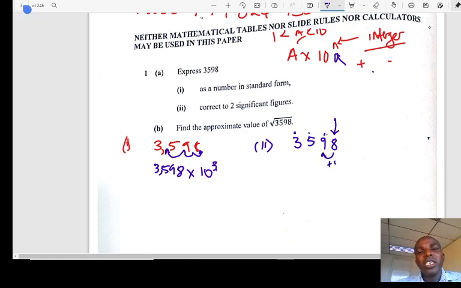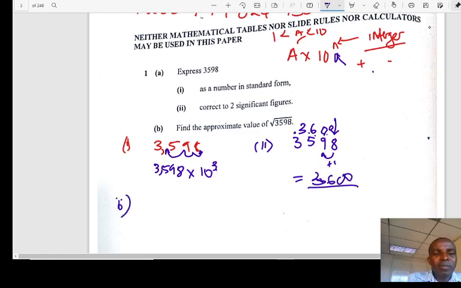If you add 1 to 9, it will be 10, so you can't write 10; you write a 0, then you carry the 1 to the 5. So it will be 6 here, then 3, and the 8 will be replaced by a 0. So the answer will be 3,600. Done.